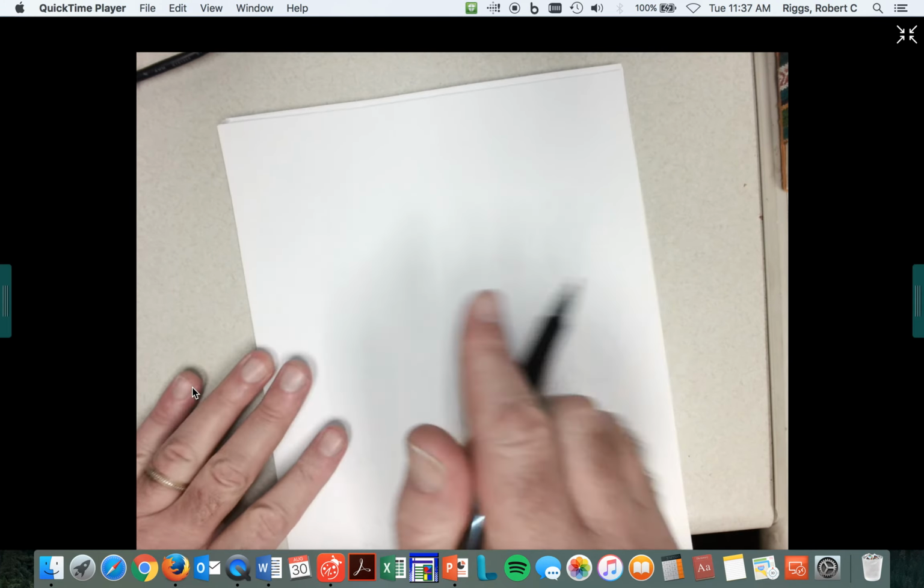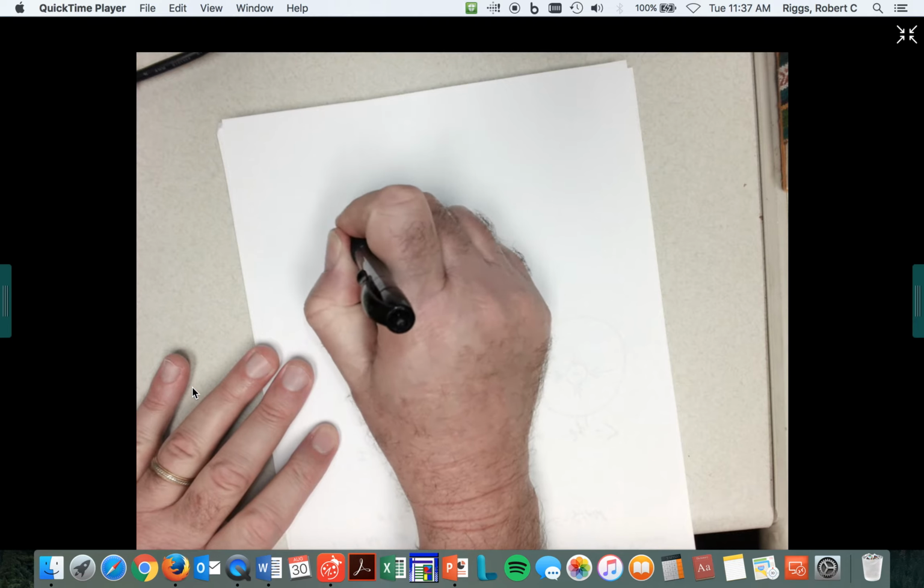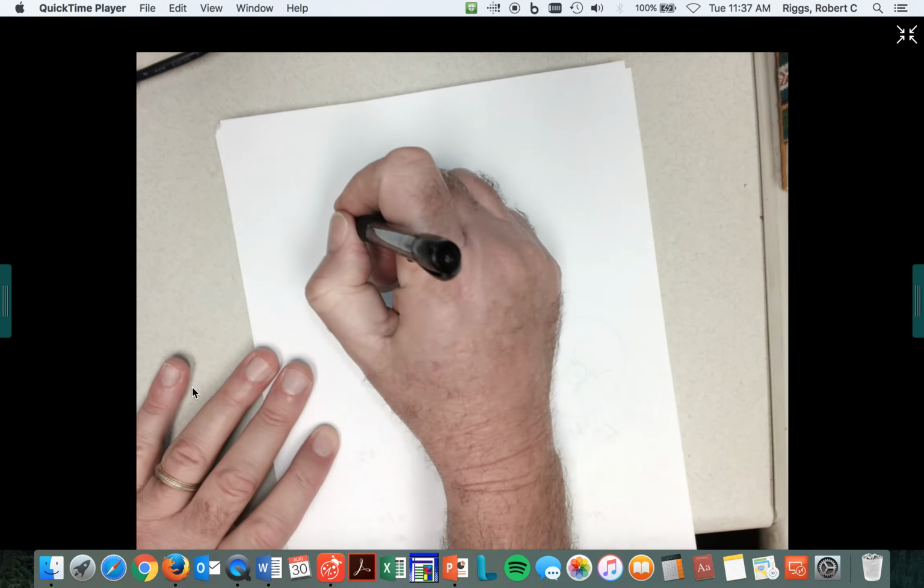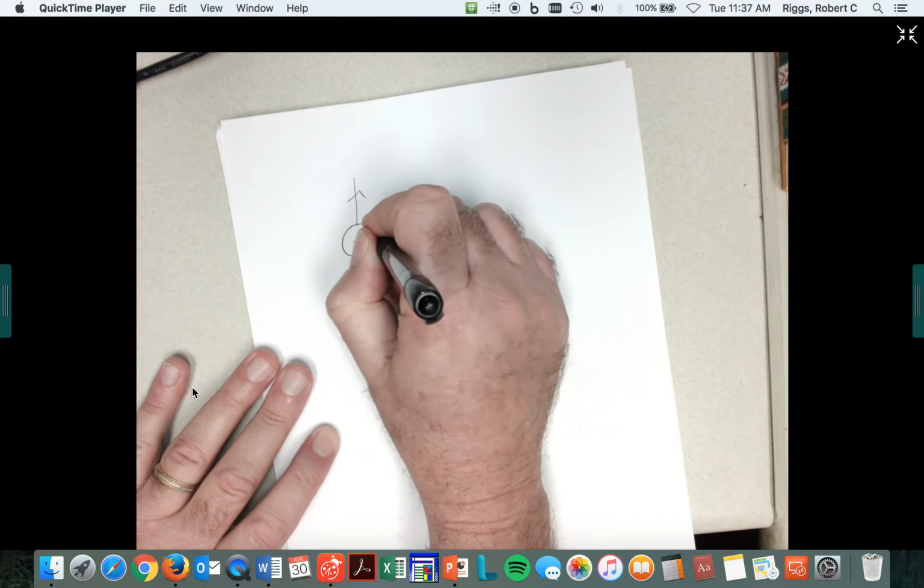Well, basically, what electric potential is, it's tied to an electric field. A charge creates an electric field. Okay, so here you go. Here's the deal. This positive charge creates an electric field.